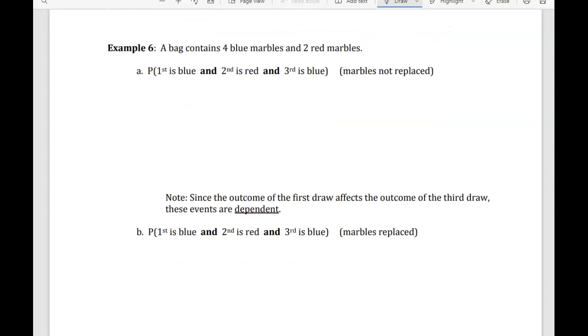Now, here in example 6, we have a bag that contains 4 blue marbles and 2 red marbles. So there's a total of 6 marbles. We want the first to be blue, the second to be red, and the third to be blue. The marbles are not going to be replaced.